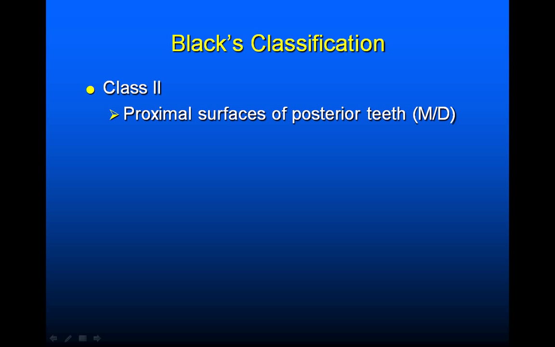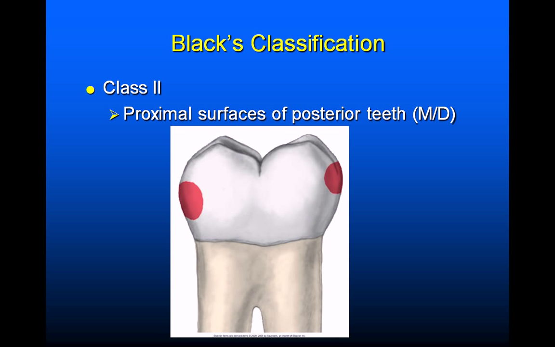Class 2 refers to the proximal surface of posterior teeth. And remember, when we're talking about proximal surfaces, we are referring to either mesial or distal surfaces of the teeth. And again, we have an illustration. The red areas indicate where the cavity would be for a class 2.